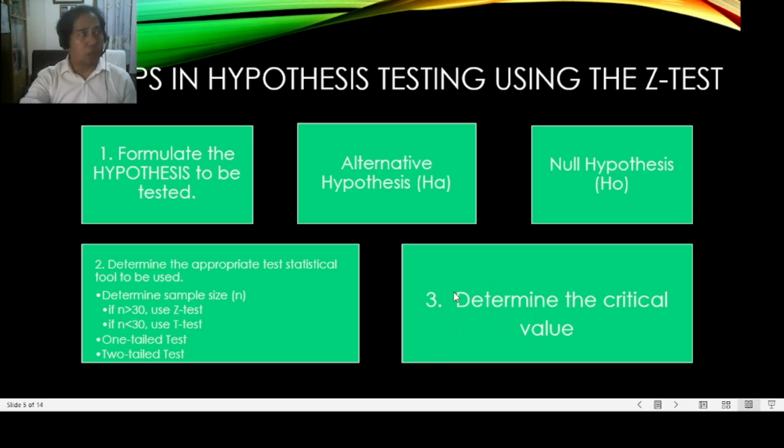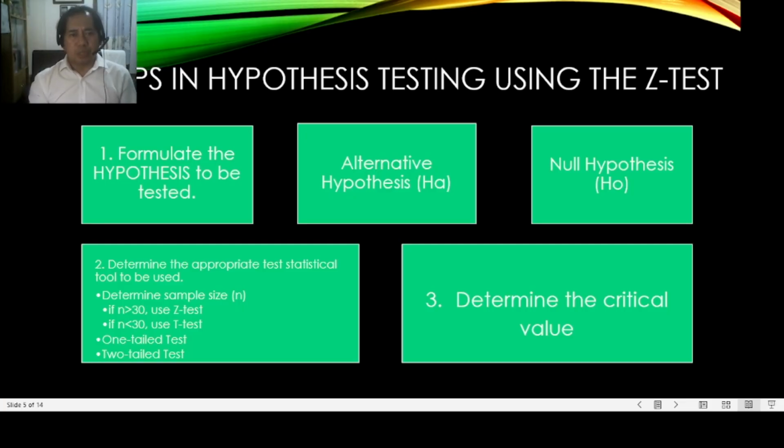So that we can remove the biases when we are going to make the decision. Meaning, step number 1, number 2, number 3 must first be established before the investigation or before the research takes place, okay?